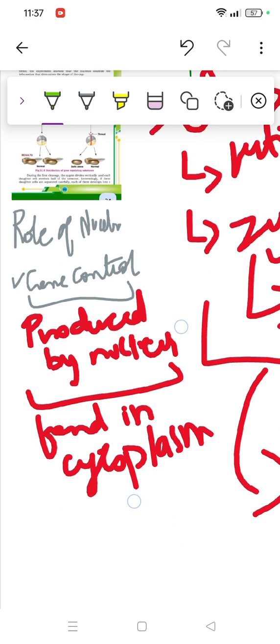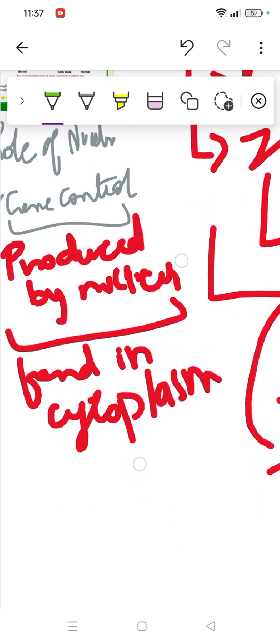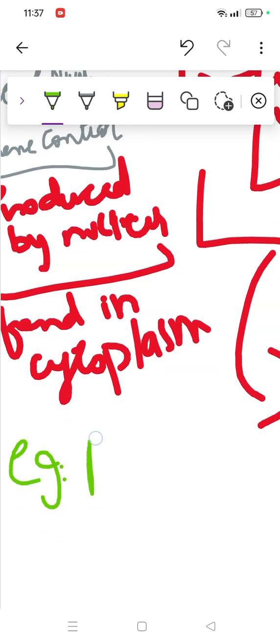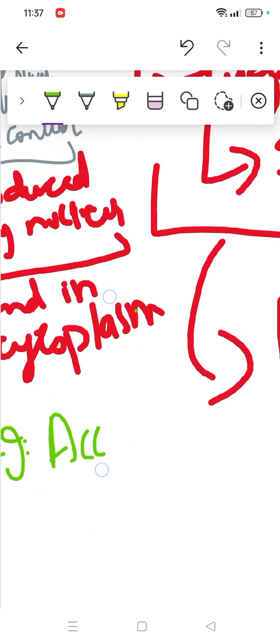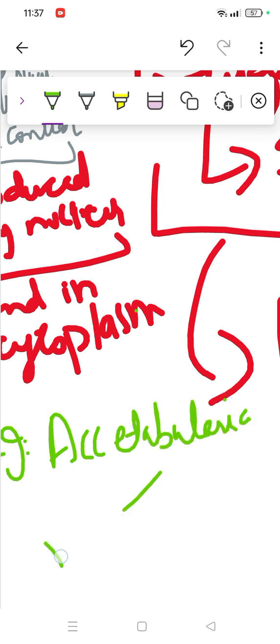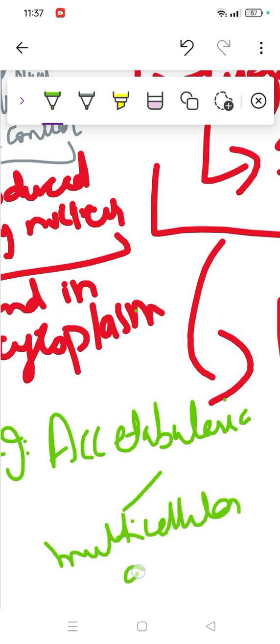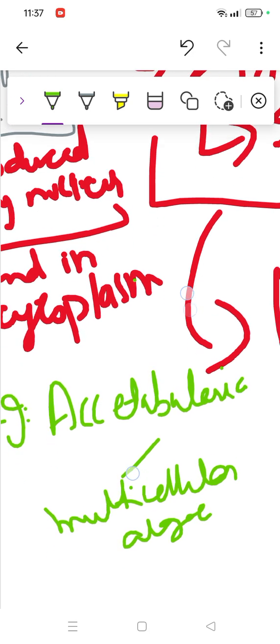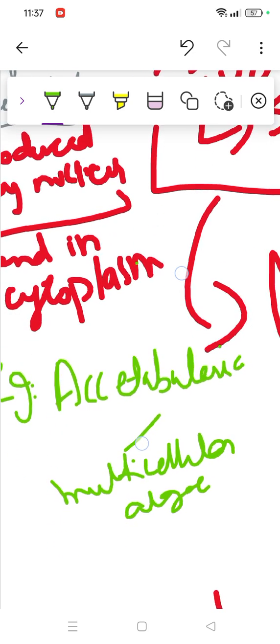Then comes another part, in which we have taken an example called Acetabularia. Basically this is a multicellular green alga, and it has many parts.